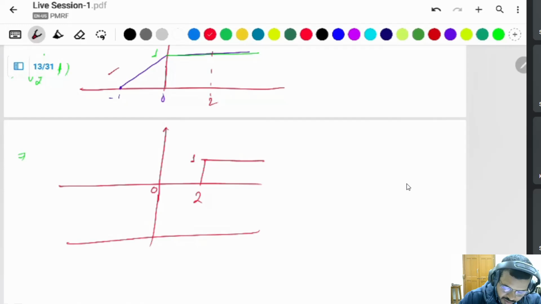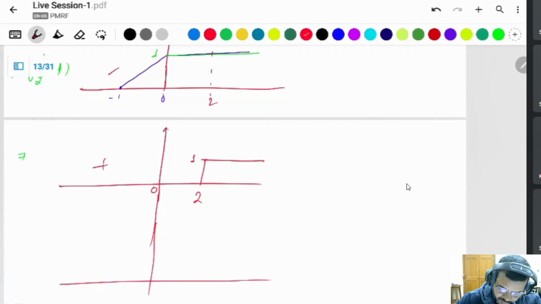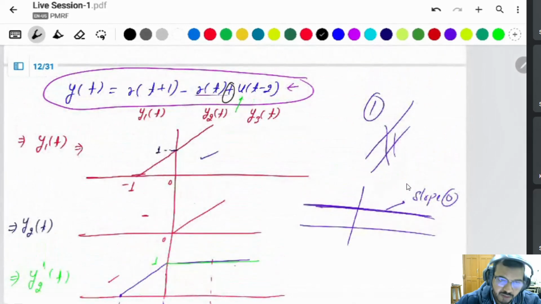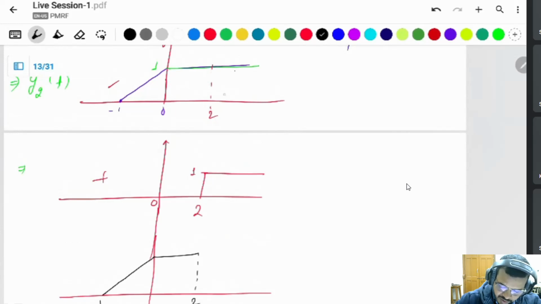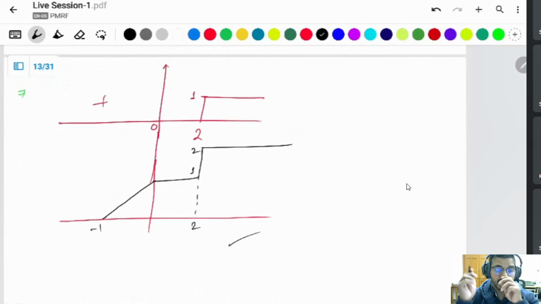If you add this signal to this signal, what is the resultant? The resultant starts from -1, goes to 1 till 2, then both add up, the 1 becomes 2, and the signal goes like that to 1, this one is 2. Okay, this is the signal.